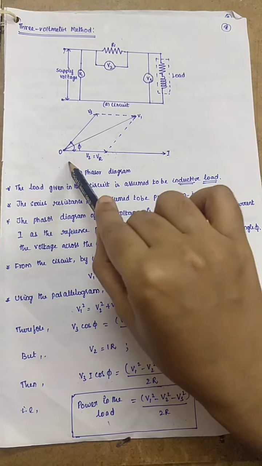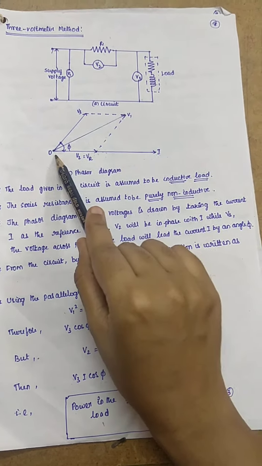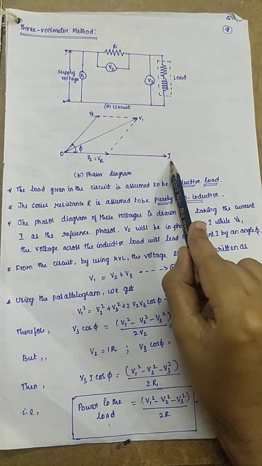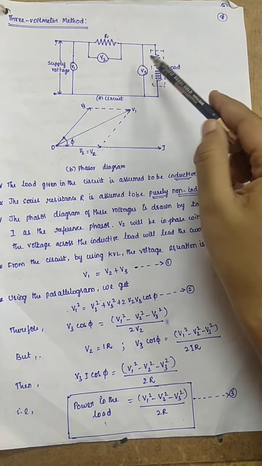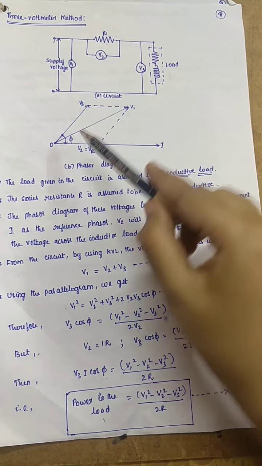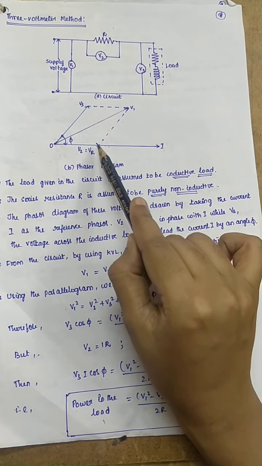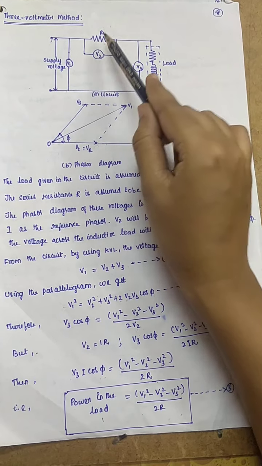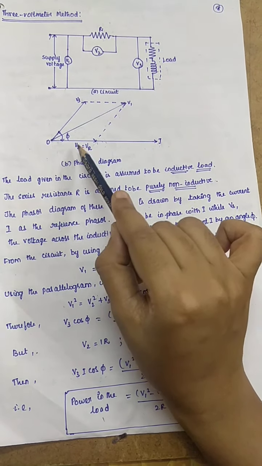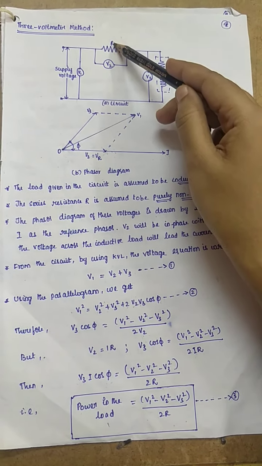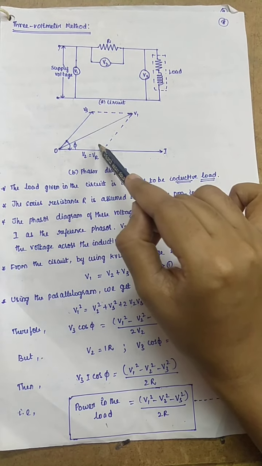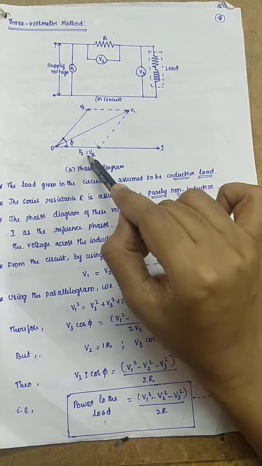Now I am drawing the phasor diagram, taking the reference phasor as current I. This is the voltage V3, that is the voltage across the inductive load. This is V2, the voltage across the resistance. Why am I drawing V2 here? Because voltage and current are in phase with each other for a resistive load.